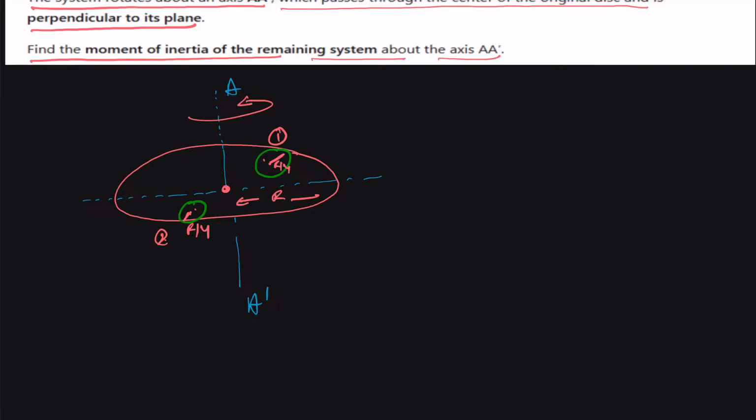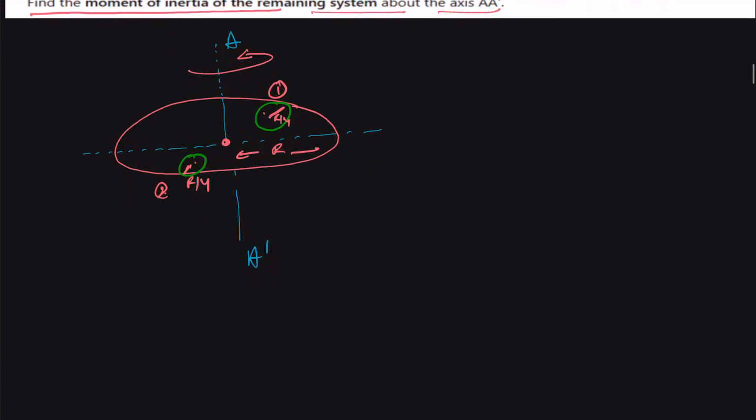Here we are going to use basically the parallel axis theorem, and for that let us consider our original disk, with no mass removed from it. Nothing is being removed, and this is our A prime.